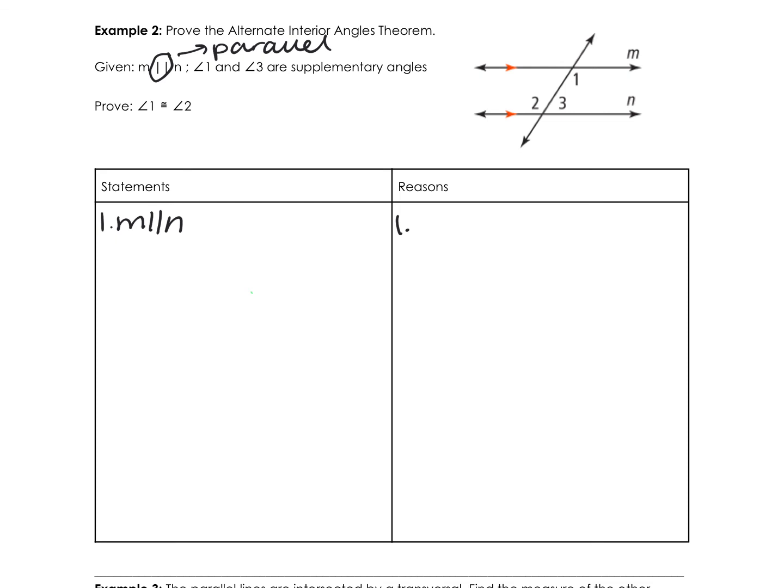And those are just two lines. Similarly, we're also given that angle 1 and angle 3 are supplementary. My bad, angle 1 and angle 3 are supplementary.